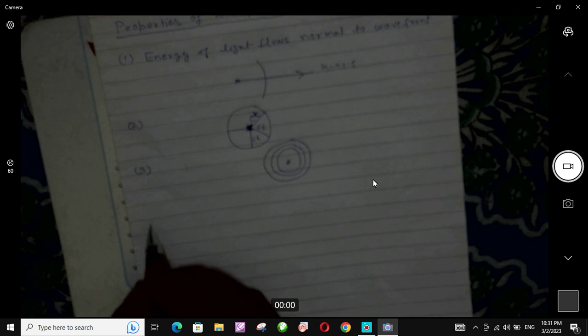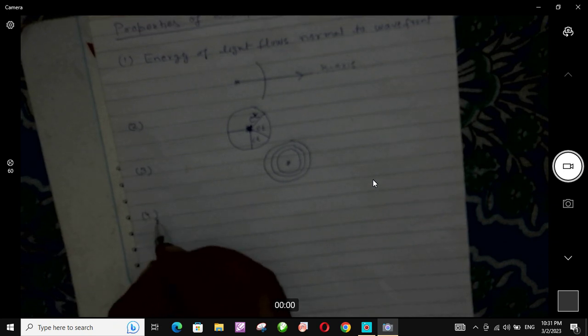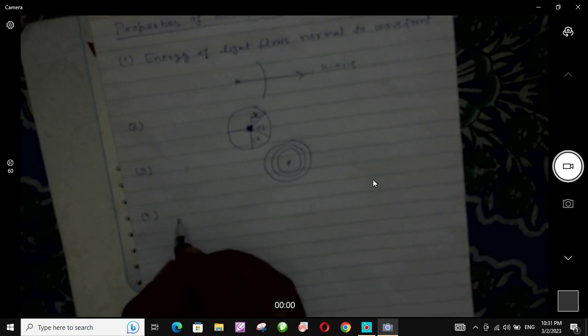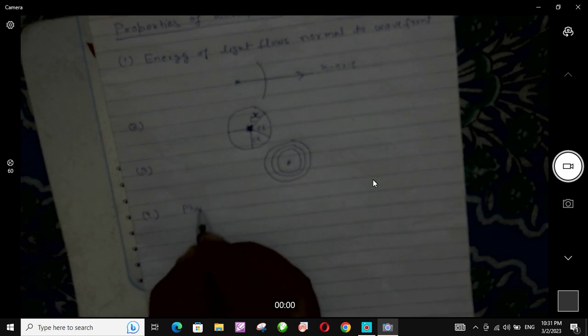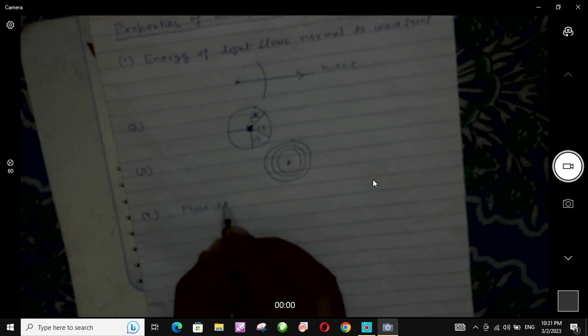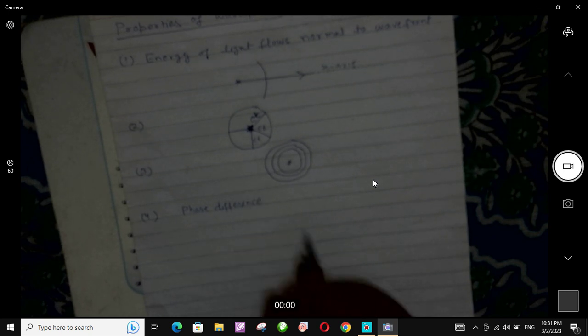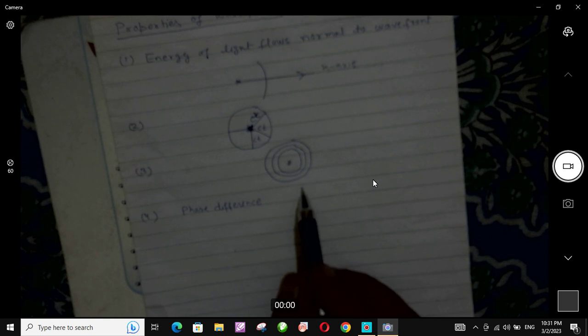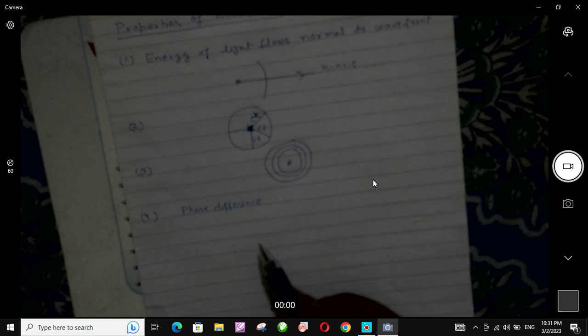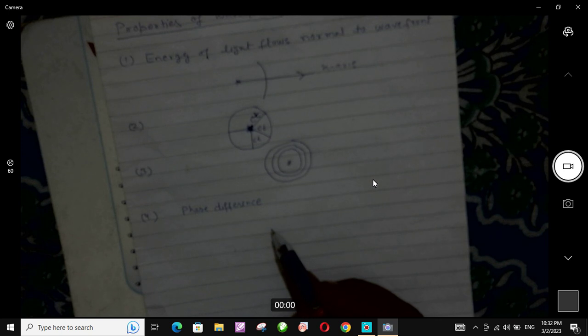Now after that, the fourth property of wavefront is about phase difference. If we talk about phase difference, then we see that each point lying on the wavefront has same phase.